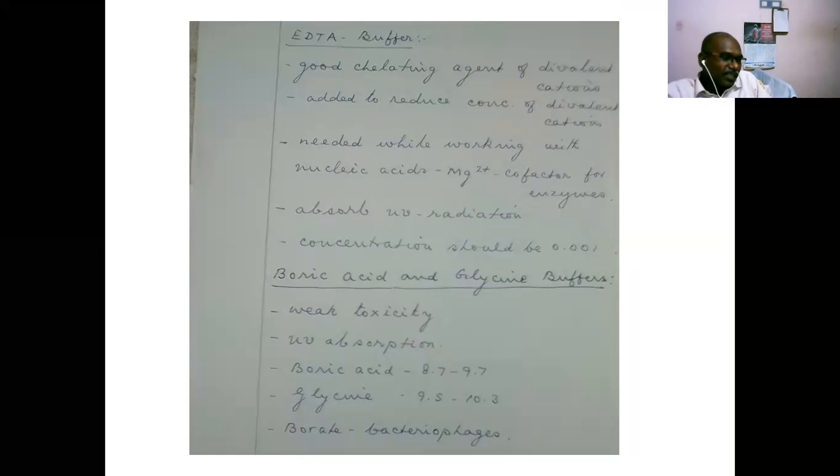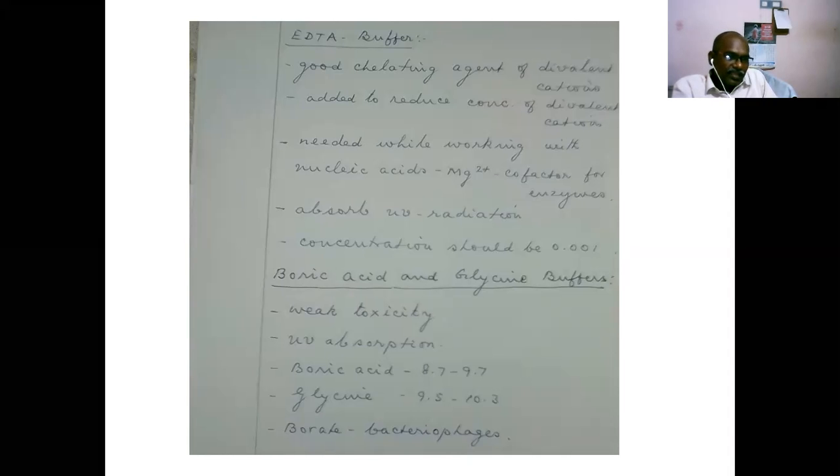And one of the disadvantages of this one is it will absorb UV radiation, and also its working concentration should be of the order of 0.001 molar. Higher than that, it's not advisable to work with. So these are all the important characteristics of EDTA buffer. The next buffer is boric acid and glycine buffer.